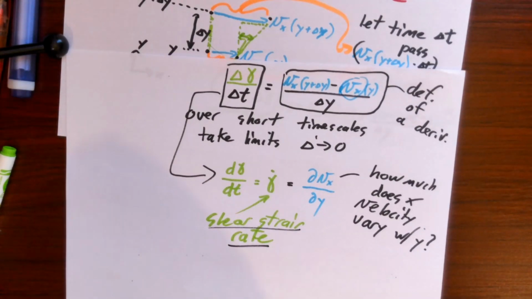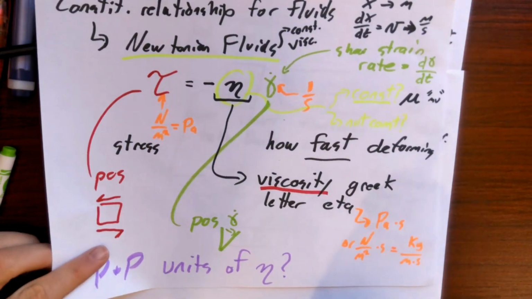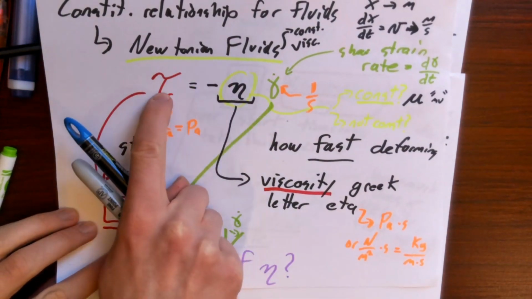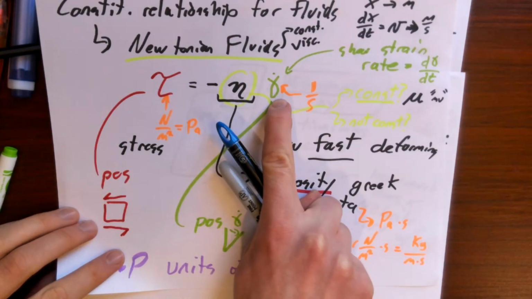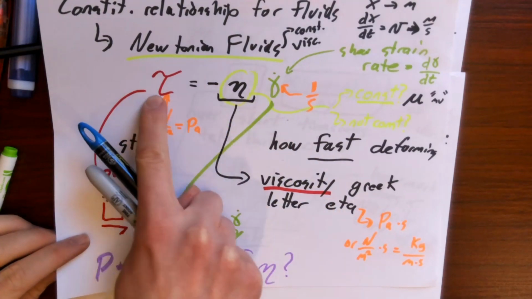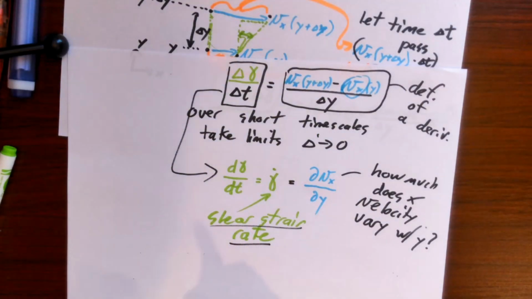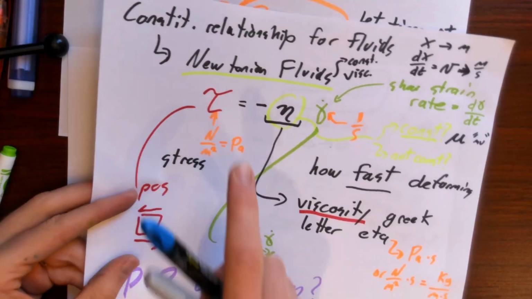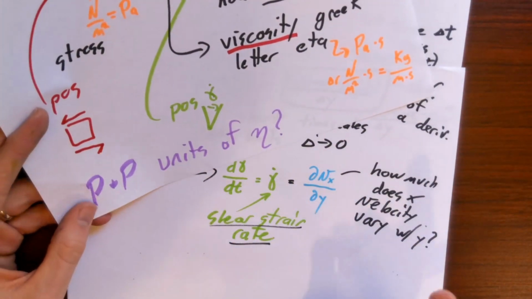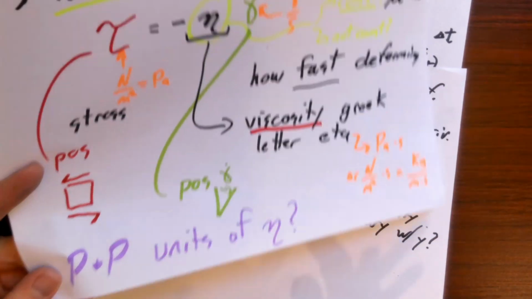And if we bring back our Newtonian fluids, shear stress is proportional to shear strain rate. So what does that mean? If shear stress is proportional to shear strain rate, that means shear stress is also proportional to velocity gradient in the same way.